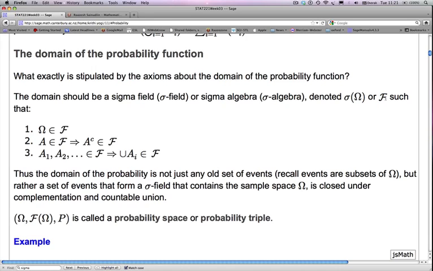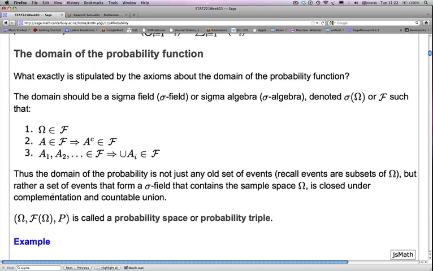Okay, so it's a calligraphic script F. It's not a usual capital F or a usual little f, such that the sample space belongs to the sigma field. If an event A is in the sigma field, then its complement is also in this collection of events, the sigma field. And if A1, A2, dot, dot, dot, a countable collection of events are in the sigma field, then so is their countable union.